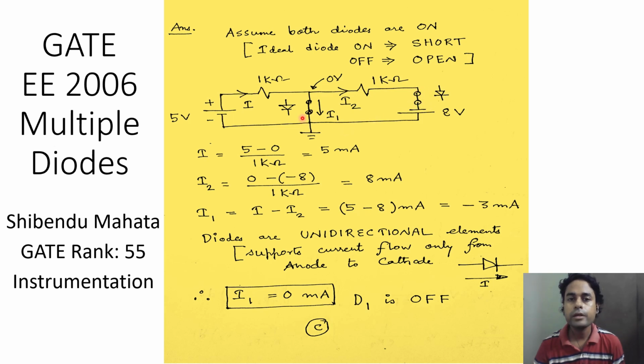It turns out that diode D1 is actually off, whereas only diode D2 will be in forward bias condition, or it can be represented by a short circuit, whereas diode D1 should be substituted by an open circuit, and we should again resolve the circuit.